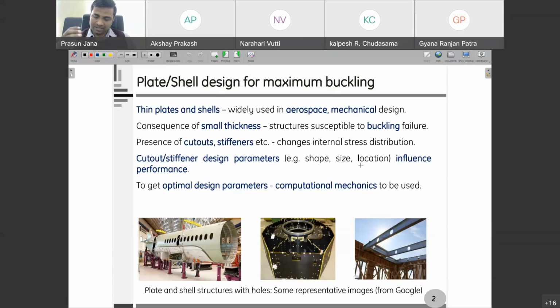There are different failure mechanisms of structures. It can fail in a fracture mode, and when you have dynamic loading, it can have resonance and so on. But buckling is due to static loading, a time invariant load. The load is maybe very slowly increased, so you can say quasi-static loading.